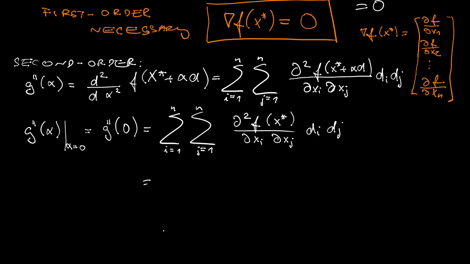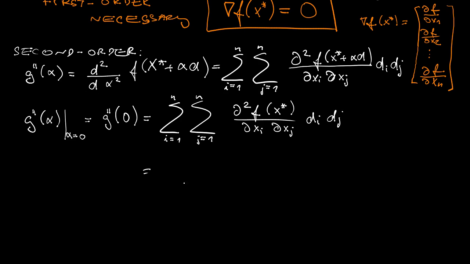Now again, similarly as in the first order case, even here we can rewrite this in a more compact format like this: d transposed times a matrix that I will label as nabla squared of f, times d. So let me now support this by these symbols.